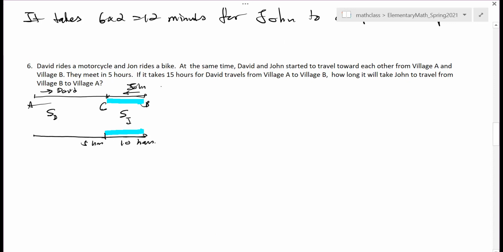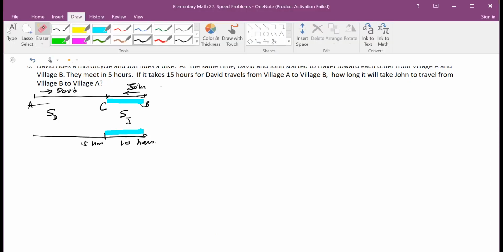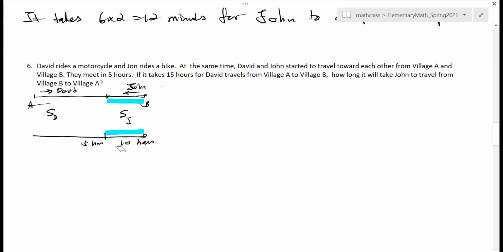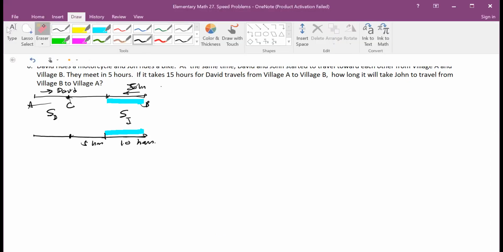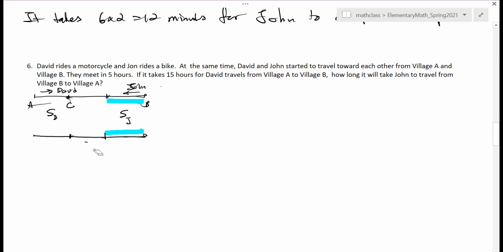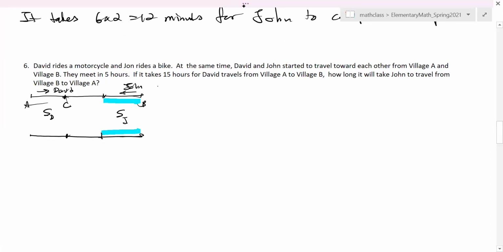My picture does not reflect that, but that's okay, I can modify it. Actually, this should be somewhere here. This is point C, where they meet.